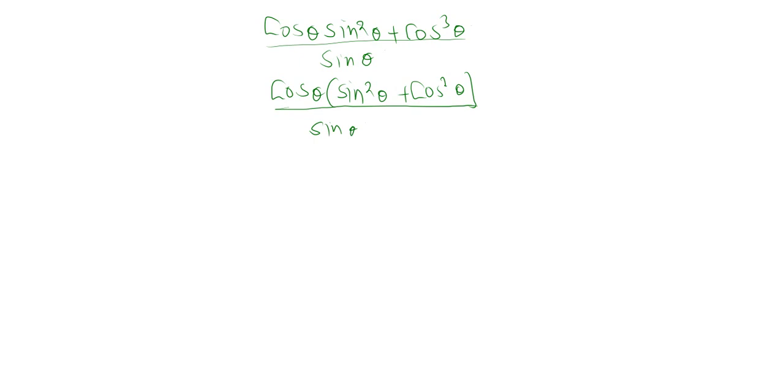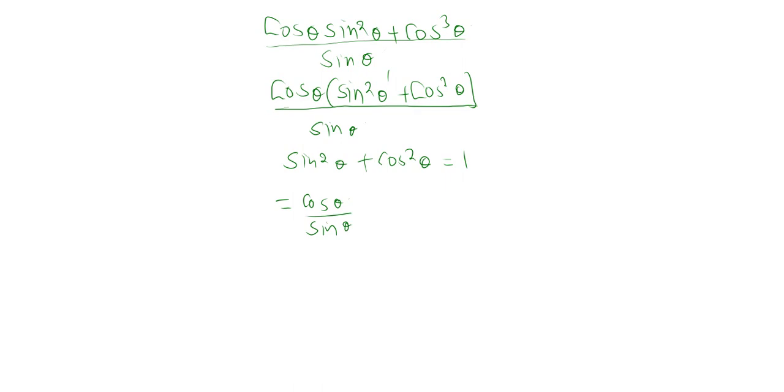Recall from the previous lesson that sine squared theta plus cosine squared theta is equal to 1. So here we can substitute with 1 and will remain with the cosine theta divided by sine theta.